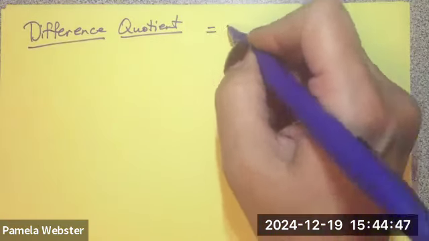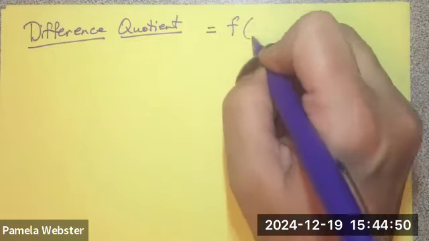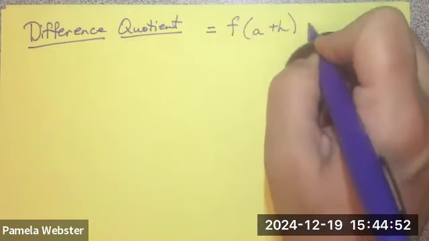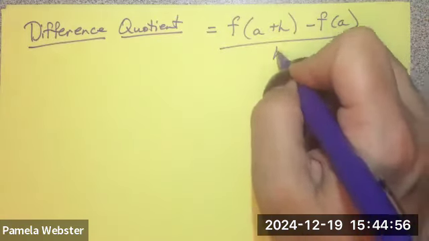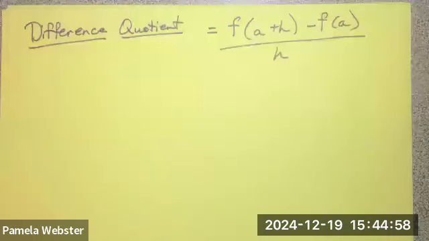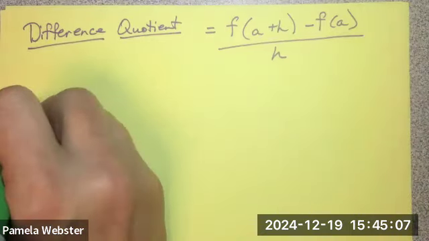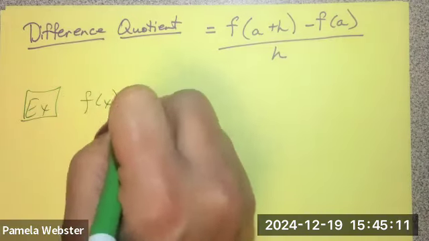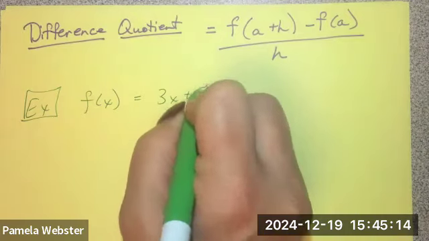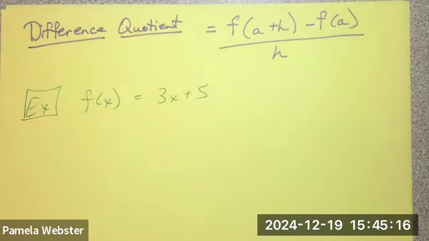Okay, so just so we know, the difference quotient is f of a plus h minus f of a all over h. So what we're going to do here is we're going to say, oh, how do I do a plus h? Okay, so let's get an example. If I tell you my functional value is 3x plus 5, I'm actually going to do this in several steps at a time.